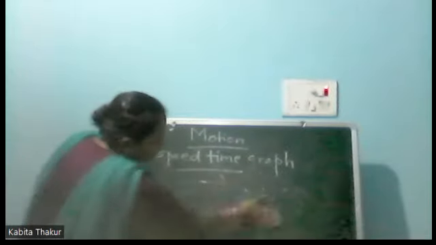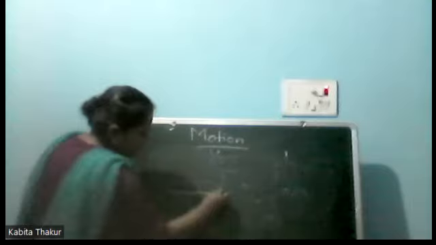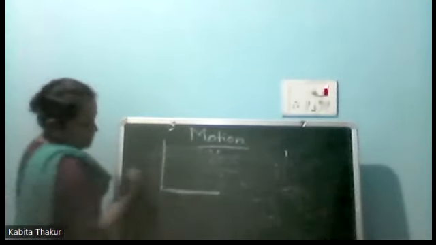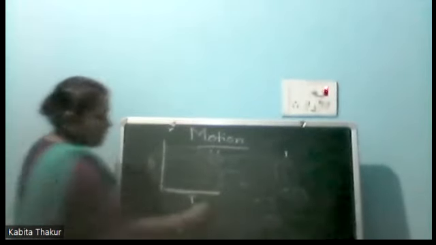Here, as I told you, on the x-axis we are representing the time and on the y-axis the distance. This is our distance, this is our time. In this way we represent on the x and y axes.